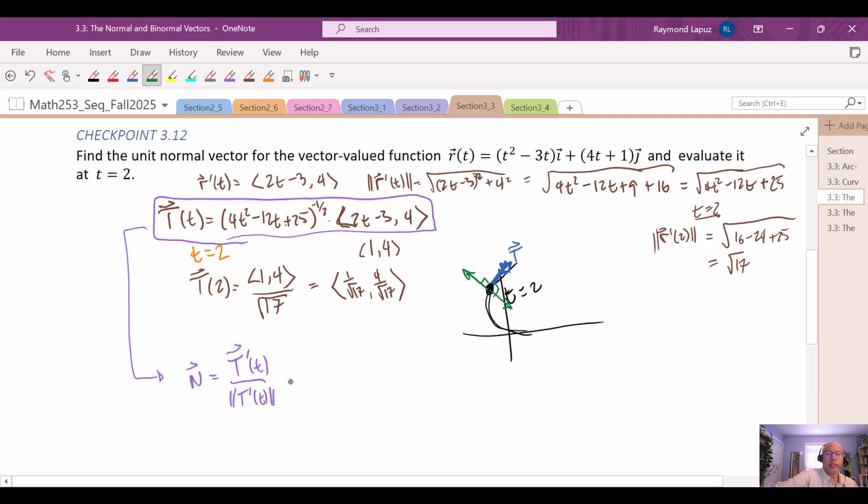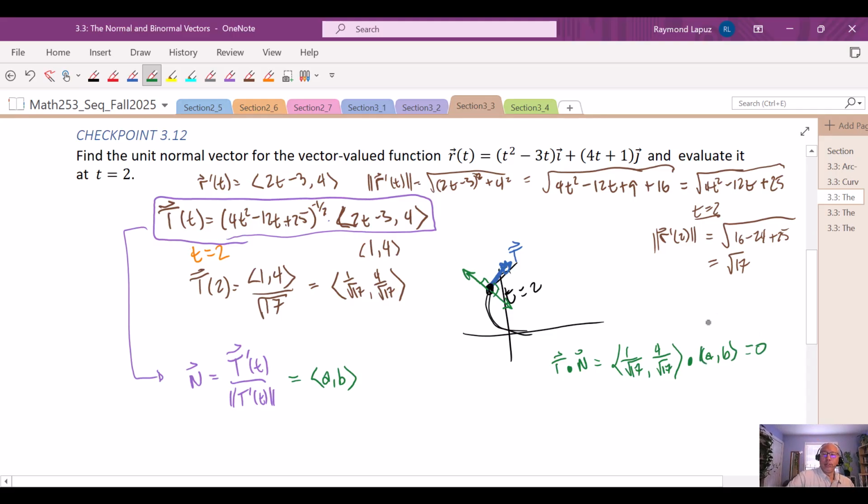So let's say this n is equal to a and b. Those are scalars inside of a vector form, so that t dotted with n is going to equal 0. So t is 1 over root 17, comma 4 over root 17, dotted with a and b, and we want that to be equal to 0.